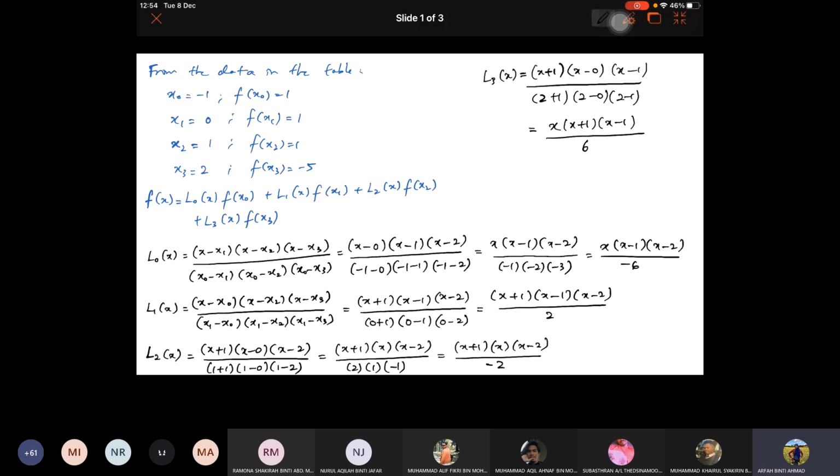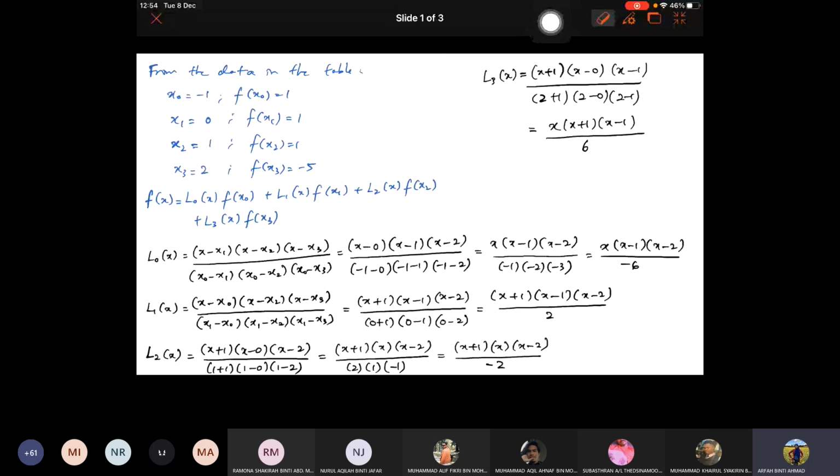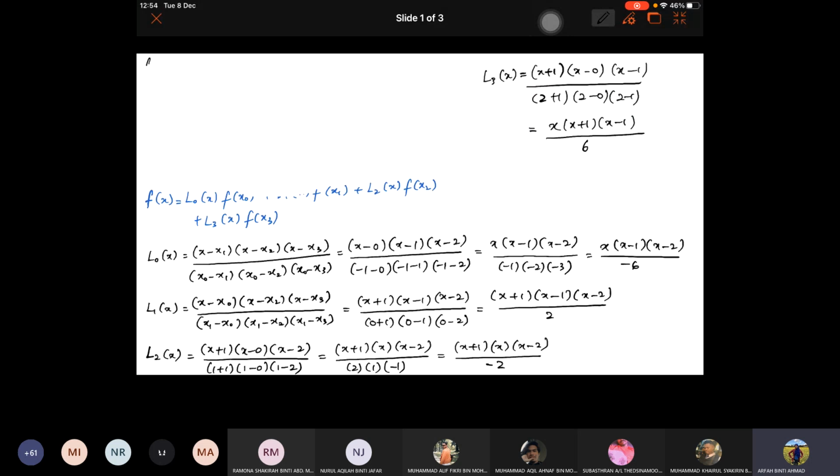So masukkan dalam equation fx awak, then dapatkan dia punya persamaan dalam bentuk paling simple. So equation awak fx sama dengan L0x fx0 plus L1x fx1 plus L2x fx2 plus L3x fx3.